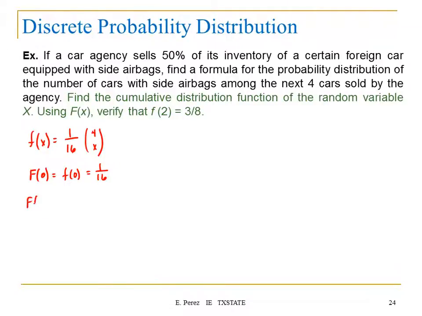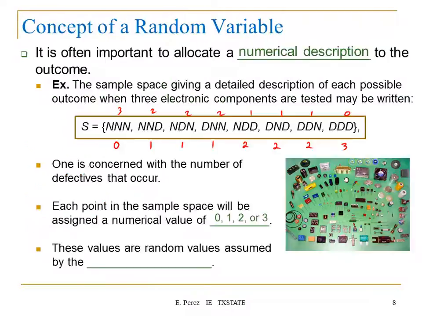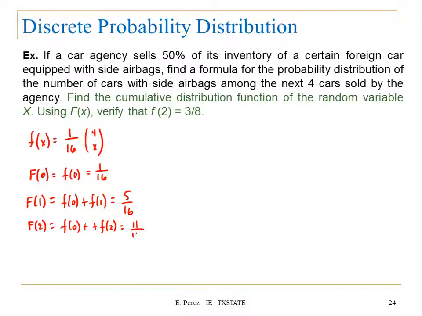Then we have F of 1, get f of 0 plus f of 1, that's 5 over 16. F of 2, f of 0, and so on up to f of 2. That will be equal to 11 over 16.